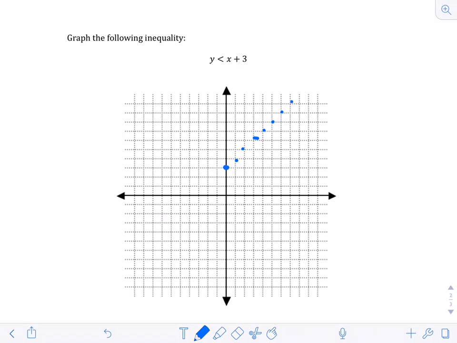We'll just plot some points here so that hopefully I can draw a semi-straight line. Now, we need to pay attention to our inequality. We have less than, not less than or equal to, so here's where we use a dashed line when we're drawing our line.